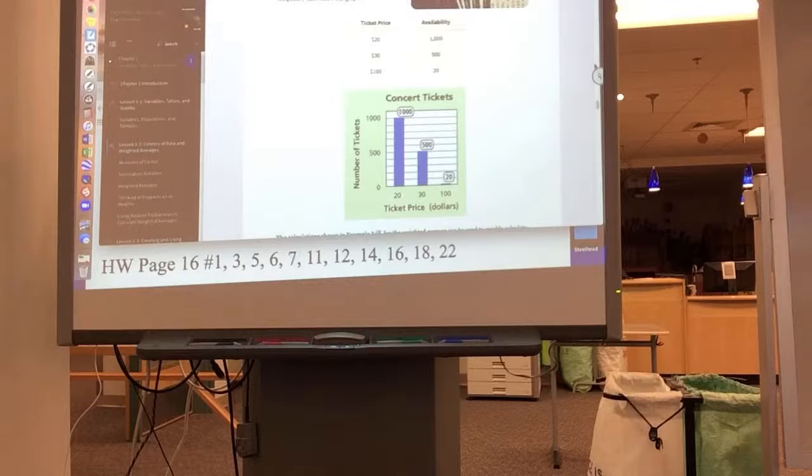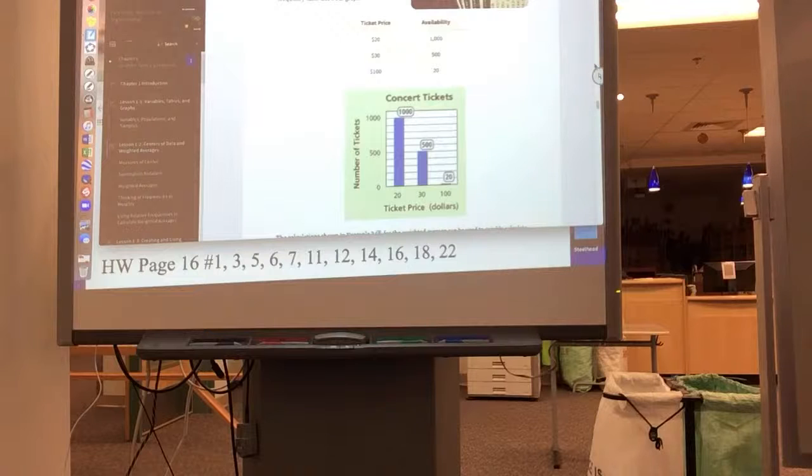So frequency is a total count. Relative frequency is a portion of the total. So the $20 tickets will be 1,000 out of 1,520. Those are your $20 tickets.